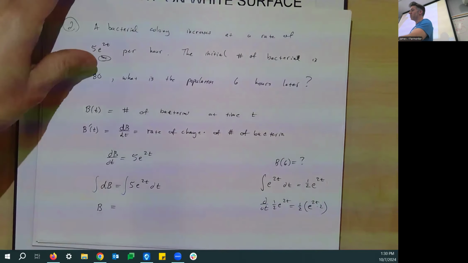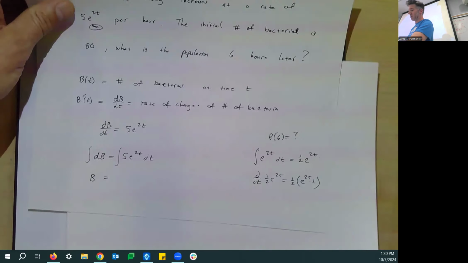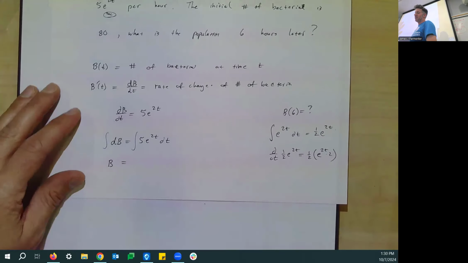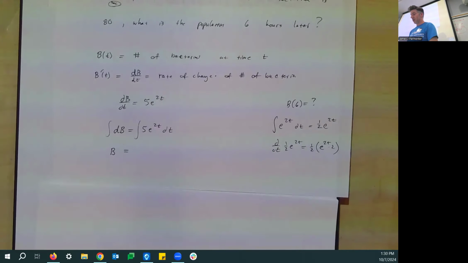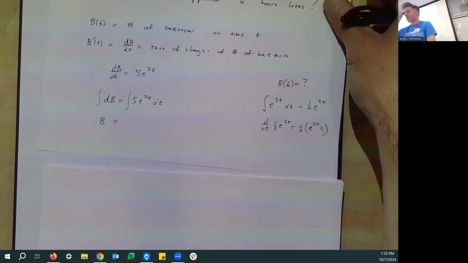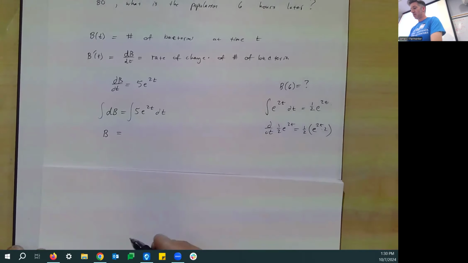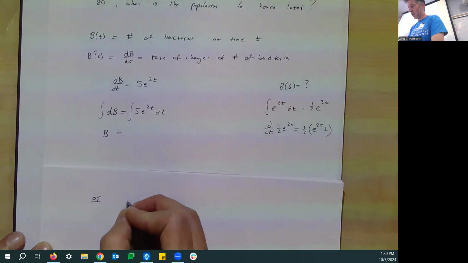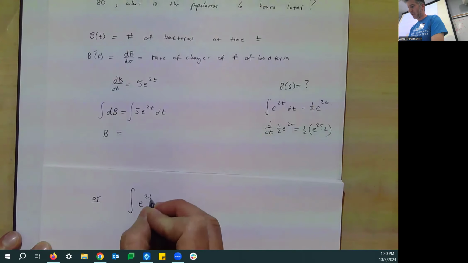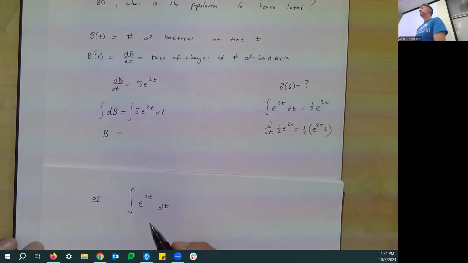So let's talk about how you would do this using a u substitution. And again, I know people kind of introduce this too soon, I think, but we'll go there for a minute and we'll come back. You can say, okay, I'm trying to anti-differentiate this. And we're essentially going to replace something with the variable u.